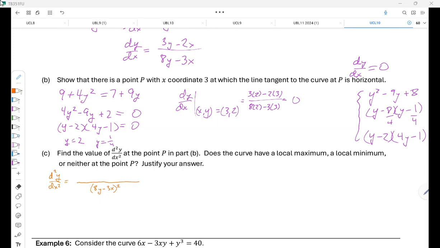And then we can go derivative of the first, so 3 dy dx minus 2, times the second, times 8y minus 3x. Minus, just flip that, so I'm going to do 3y minus 2x, and then 8 dy dx minus 3.